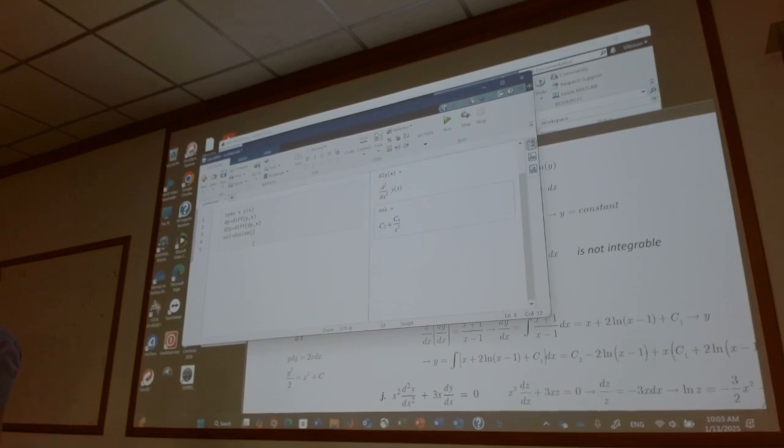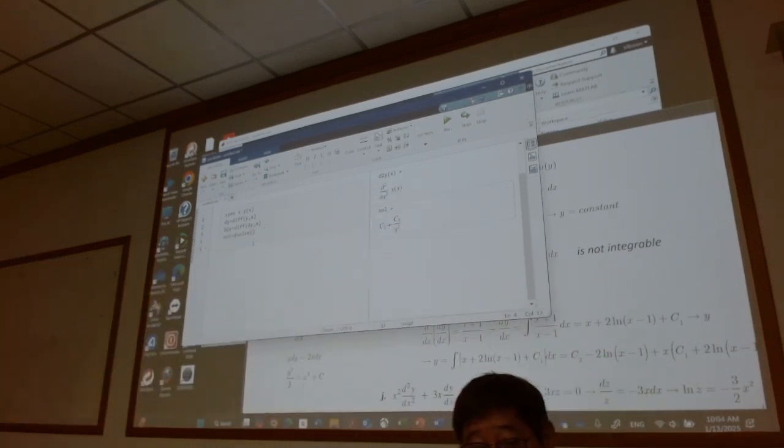One is Mathematica. The other one is Maple. Those are very good symbolic math, much better than MATLAB. But MATLAB is okay. I think it's enough for about 80% of our work. Okay.